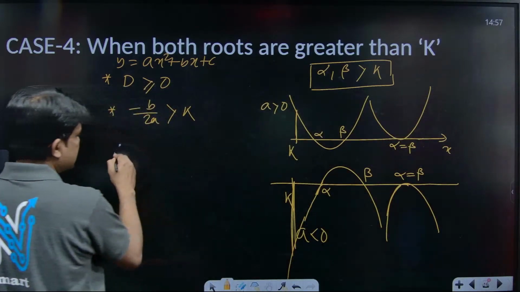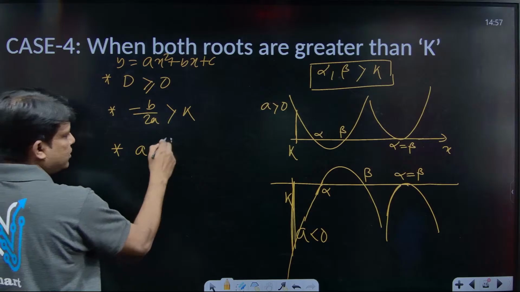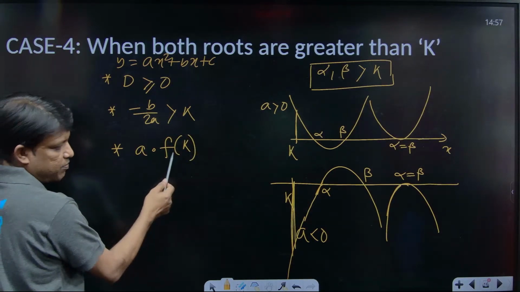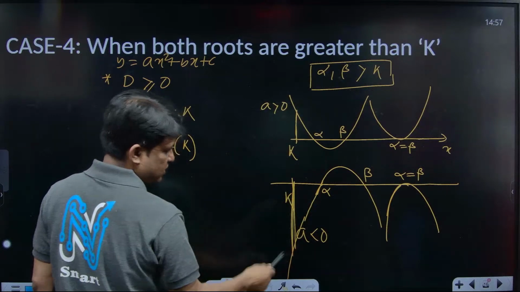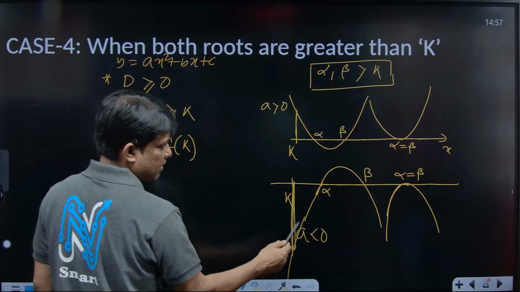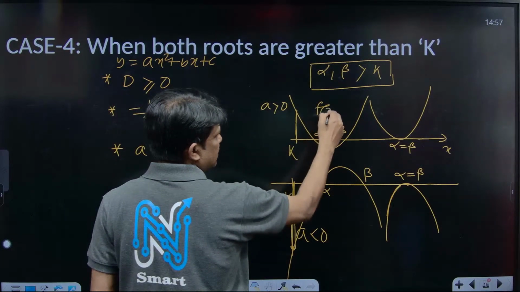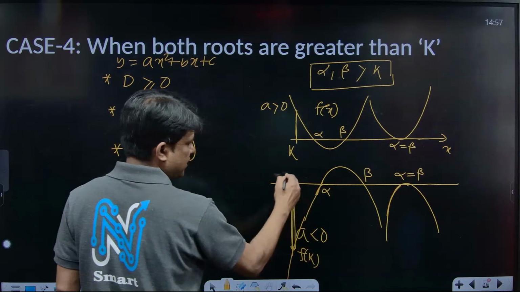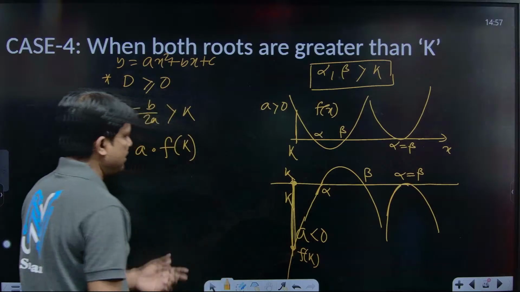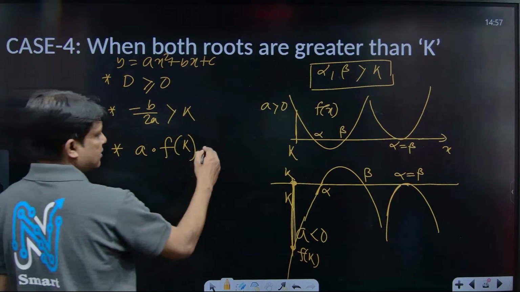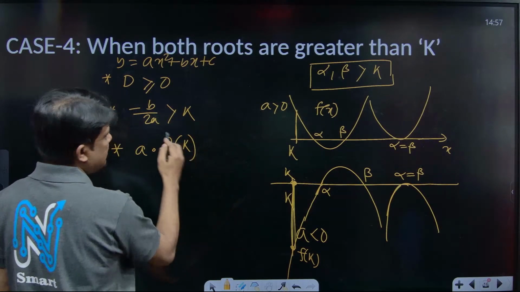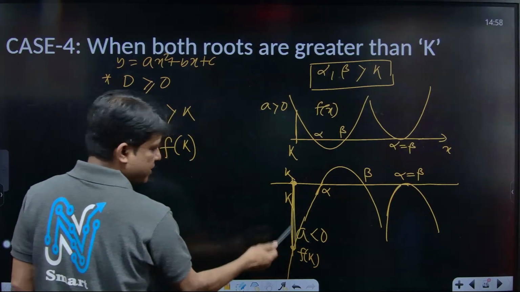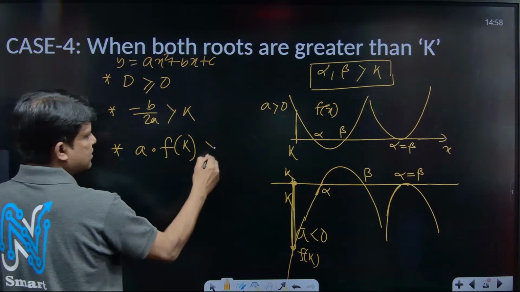So for both cases, analysis: a times the functional value at k. If a is positive, f(k) is positive; if a is negative, f(k) is negative. Because f(x) is a quadratic expression, at a point k its value is f(k). So a into f(k): a positive, f(k) positive, so positive; a negative, f(k) negative, product in both cases is strictly positive.